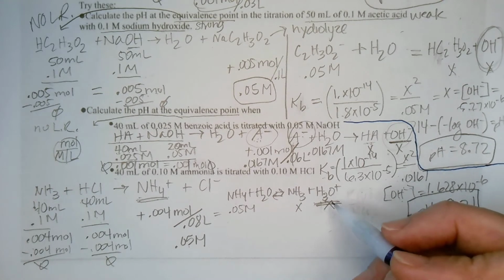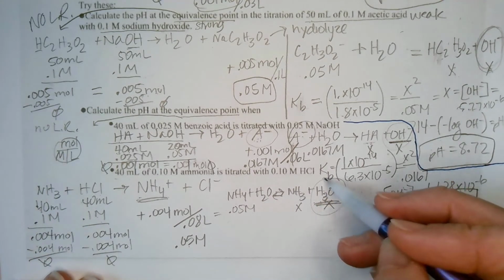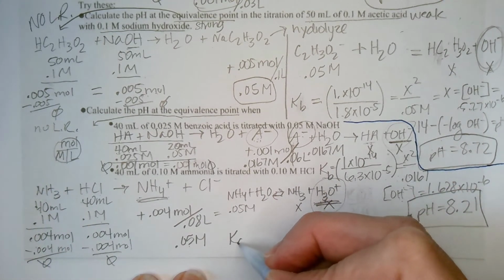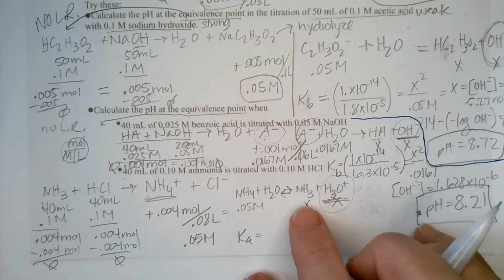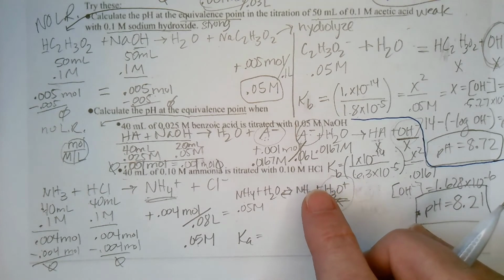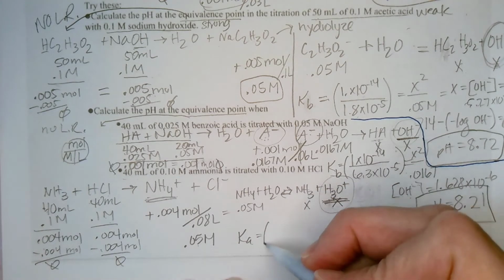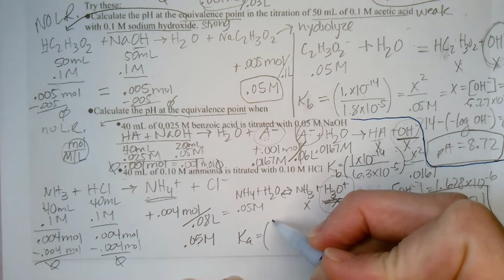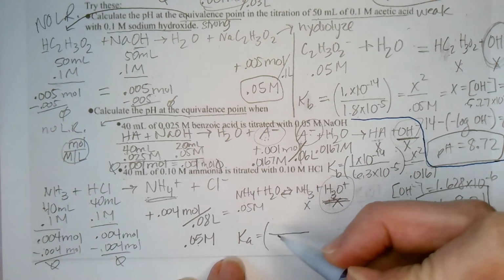In this case, we want the Ka expression because we're finding hydronium ion concentration. But we know that ammonia is a base, so we need to take our Kw and divide it by the Kb to get the Ka.